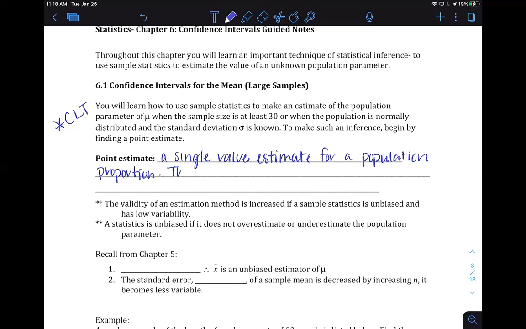This is the most unbiased point estimate of the population mean.